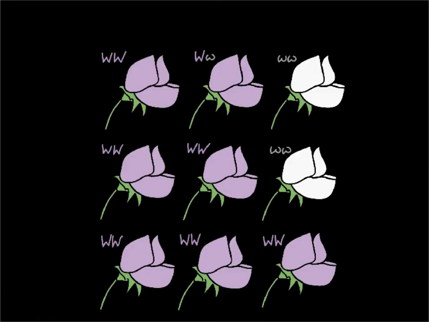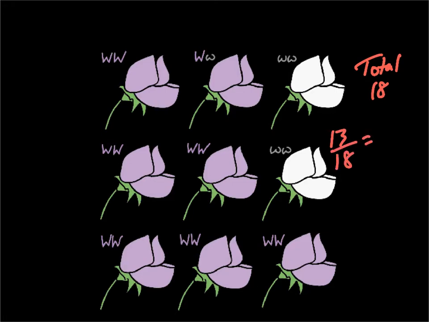In this example, if we're counting up all the alleles in this population, we're going 2, 4, 6, 8, 10, 12, 14, 16, 18 alleles total. So 18 is the total. And 1, 2, 3, 4, 5, 6, 7, 8, 9, 10, 11, 12, 13 uppercase.